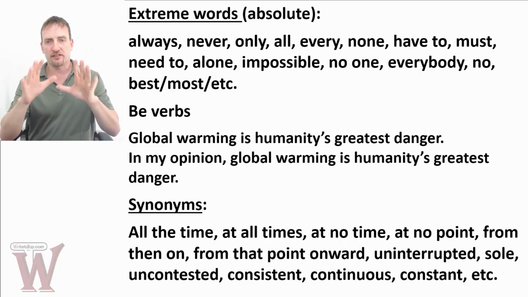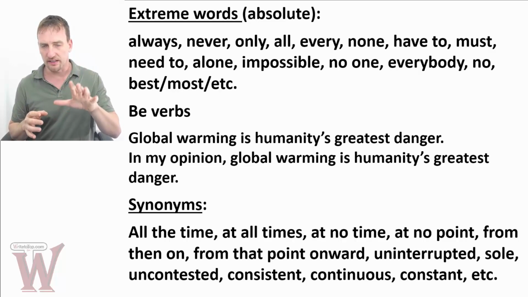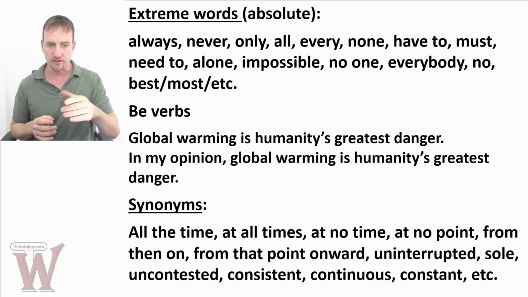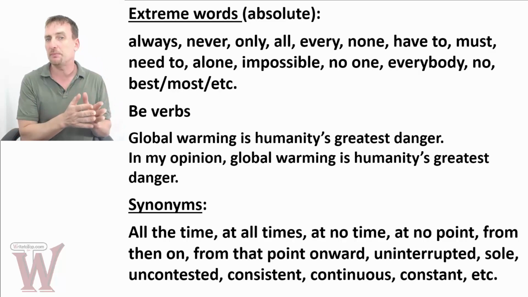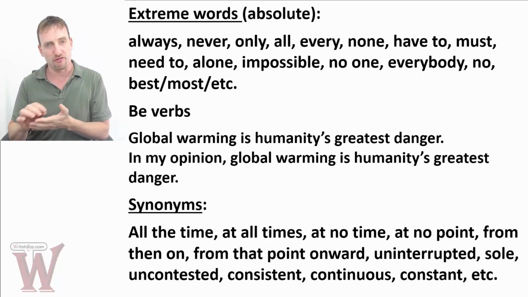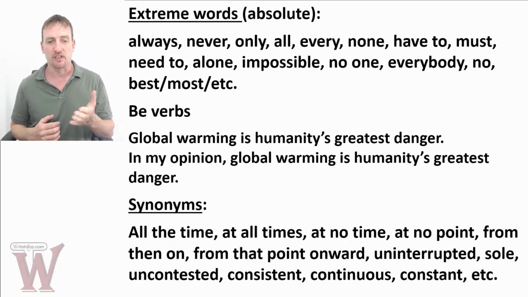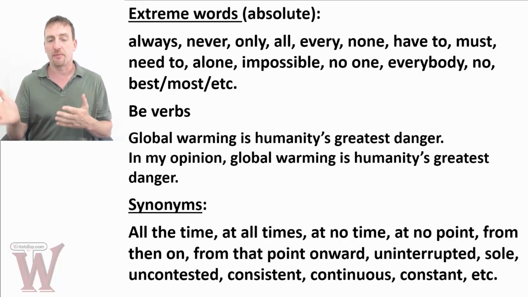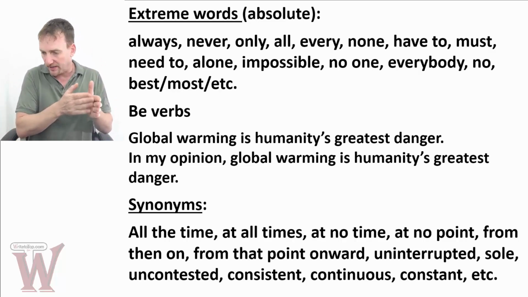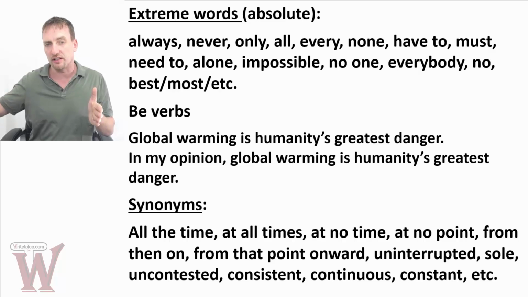Now, these are the words they're going to test you on in the reading and the writing section, the extreme words. What you're going to find in the reading passage or what you should use in your writing are the synonyms. And these are some examples. Always, all the time, at all times. Never, at no time, at no point. That's for frequency, for example. From then on. So you have a starting point and then it continues always from that starting point.